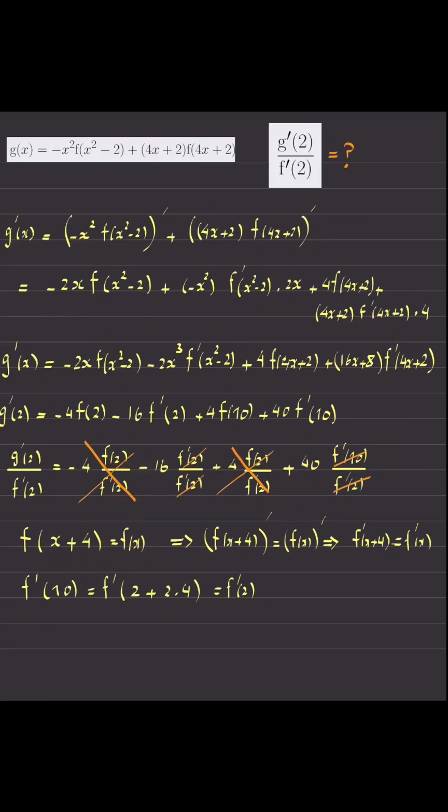So what is left for the question mark finally is this. The question mark is equal to minus 16 plus 40. So the answer becomes 24. So the answer to this question mark is 24.